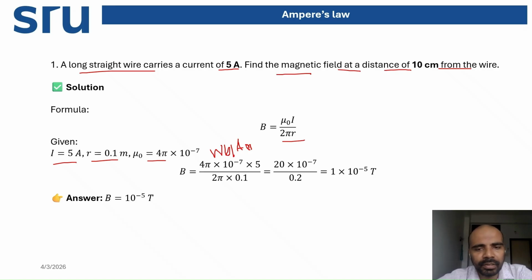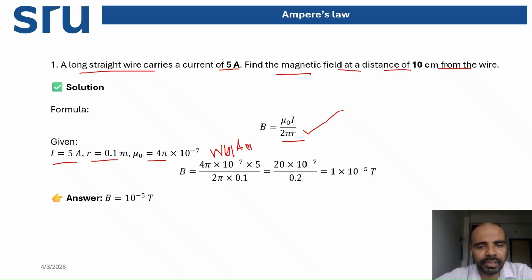So put all the values in the expression B equal to mu naught I by 2 pi r. B equal to 4 pi into 10 to the power minus 7, the current is 5 ampere, divided by 2 pi r. The distance is given as 10 centimeter, so in terms of meter it is 0.1 meter.